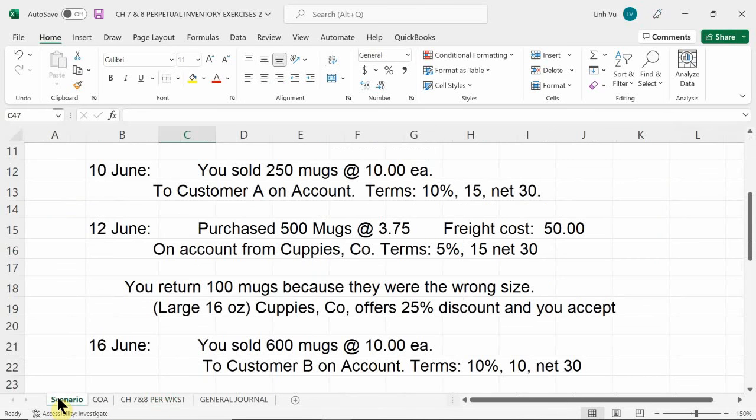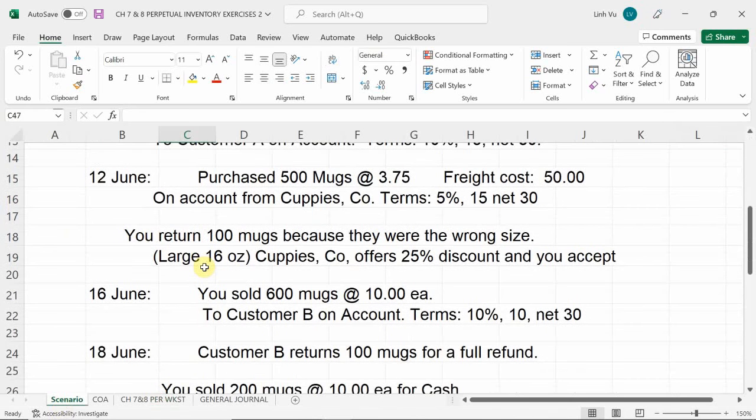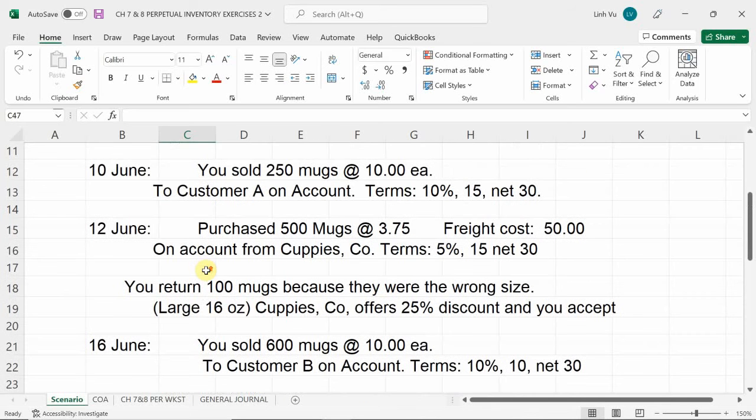All right. So then, let's see what happened next. That very same day, you end up refunding 100 of those mugs because they were the wrong size. They sent out large 16-ounce cups from Cuppies Co. And then Cuppies Co. offered you a 25% discount and you accept.